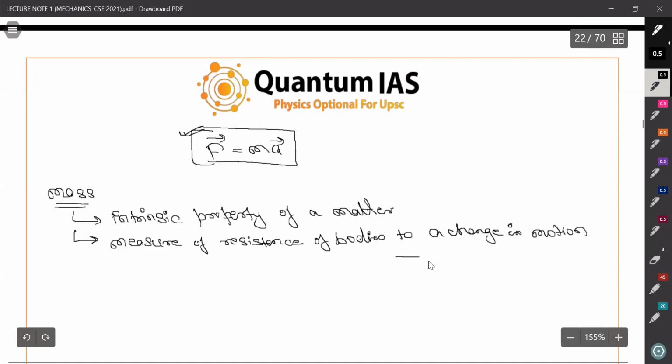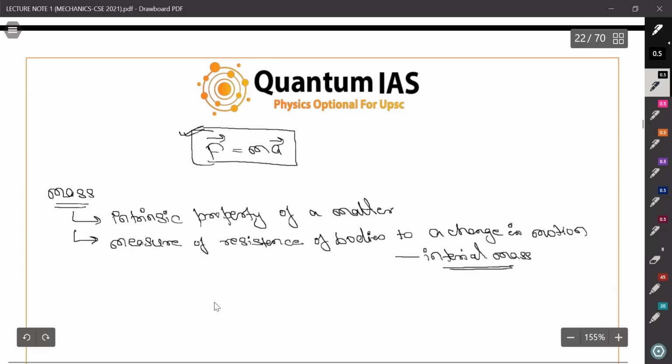And we often call it inertial mass. We have two types of mass that we will discuss, that is inertial mass and gravitational mass. We will learn about the gravitational mass in a coming chapter, but first focus on the inertial mass.